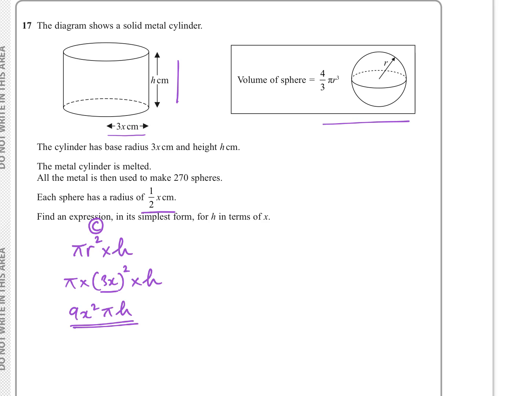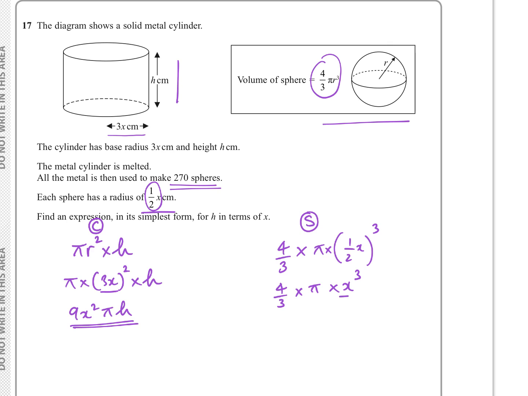Now it says that all the metal is used to make 270 spheres. So for one of the spheres, well, we've got the volume of a sphere is 4/3 times pi times the radius cubed, and that's going to give us 4/3 times pi times x cubed over, well, 2 cubed is 8.